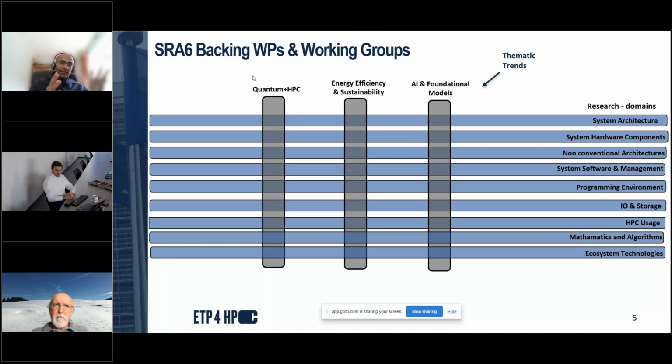We also have thematic trends, which are more cross-cutting topics and trends that have been percolating up in the last couple of years: AI and foundational models, energy efficiency and sustainability, and quantum and HPC.